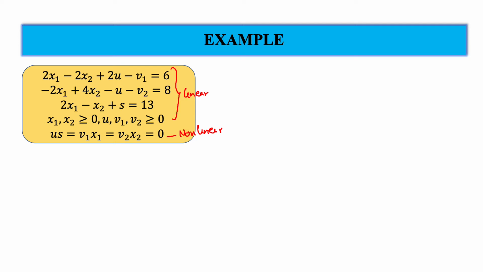We have v1, whose coefficients in the problem are -1, 0, 0. We have v2, with coefficients 0, -1, 0. It is in standard form, but it does not have an identity corresponding to these variables. But for s1 we have 0, 0, 1. So first how do we introduce the identity, then how can we formulate the objective function. What we will do is add an artificial variable.